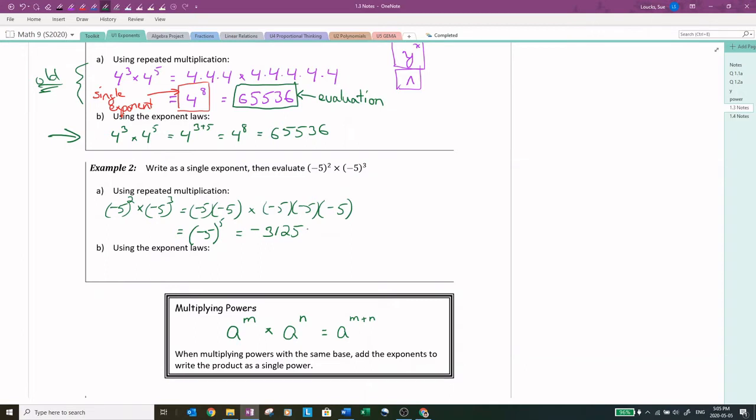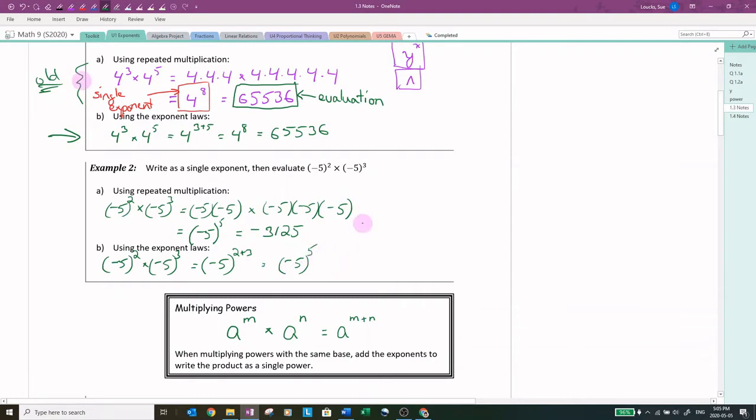Anyway, if we use the exponent laws to do this, we have negative 5 squared times negative 5 cubed. That's going to equal negative 5 in brackets to the 2 plus 3, which equals negative 5 in brackets to the power of 5.